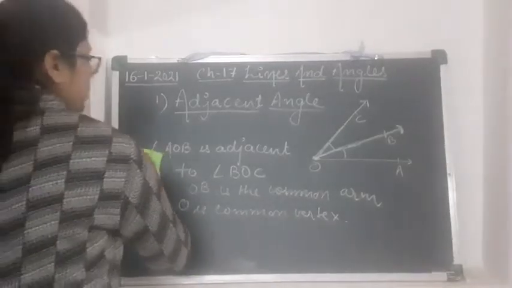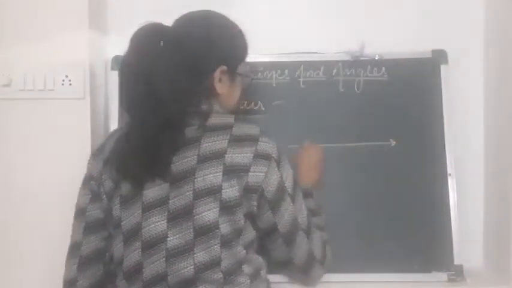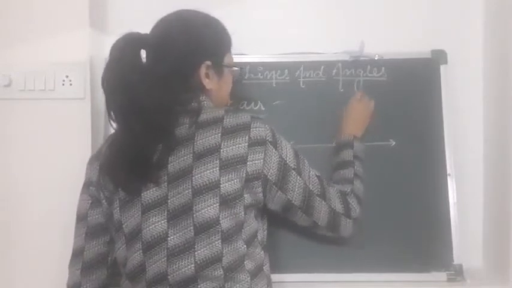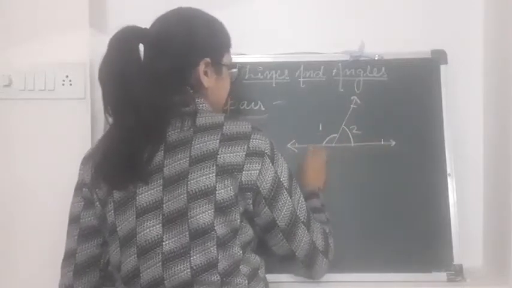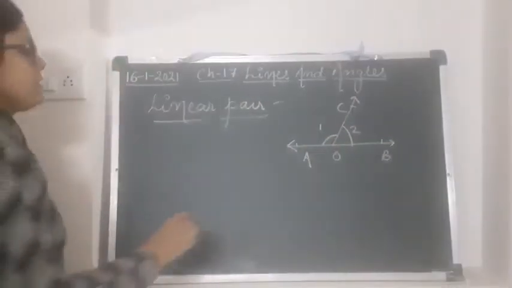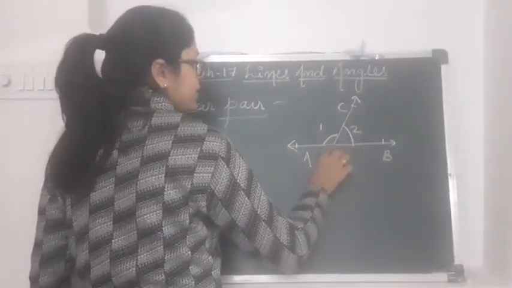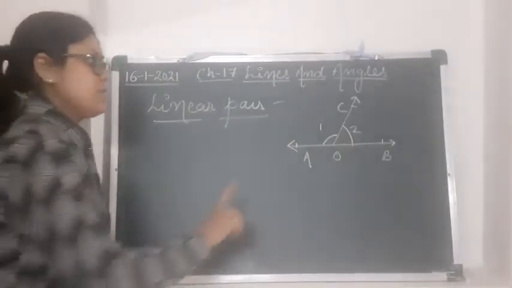Say this is AO, this is OB, this is OC, this is O. This pair of adjacent angles is also adjacent, isn't it?